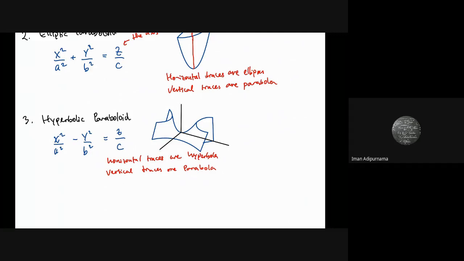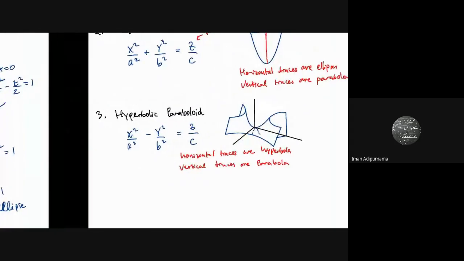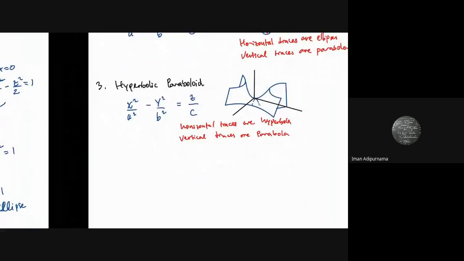And it has a parabola here. Okay, that's the hyperbolic paraboloid. So remember, it's not always x squared, y squared. It can be x squared minus z squared and then y. That's possible. Or y squared minus z squared and then it's x. It's also possible.